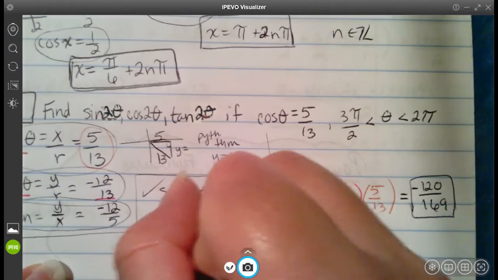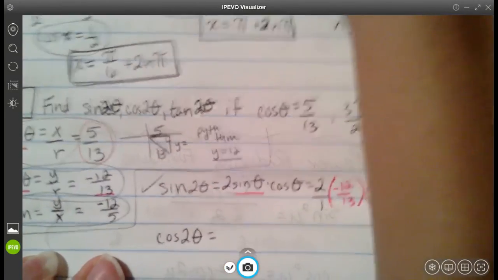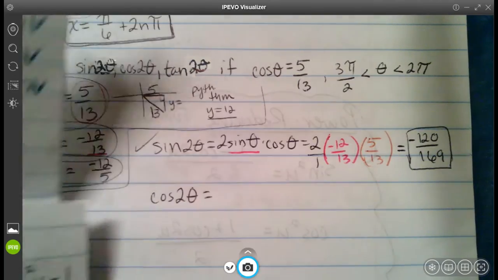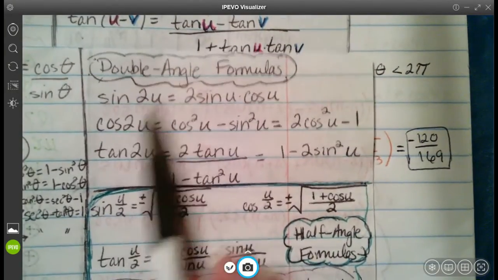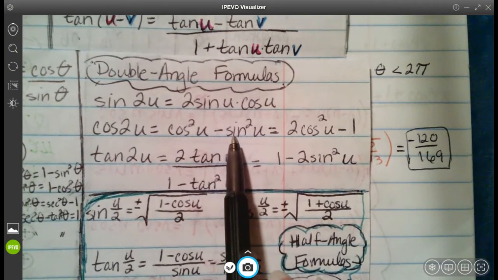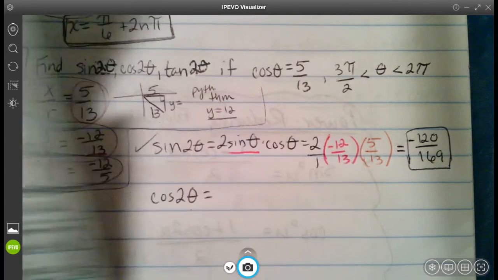Let's find cosine of 2 theta now. So again, we're going to look at our formulas. This subunit is heavily focused on how to use formulas. So cosine of 2 theta, here it is, double angle formulas, is cosine squared theta minus sine squared theta, or we can use 2 cosine squared theta minus 1. So let's see.